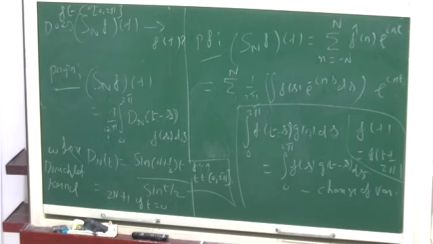So the modulus of Tn f is less than or equal to this, with the 1 by 2 pi already written here. I want to compute the norm of this, which is a linear functional.